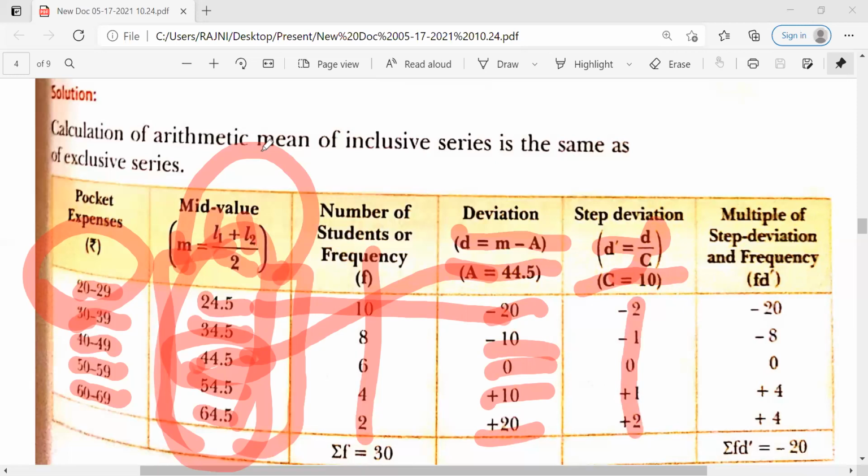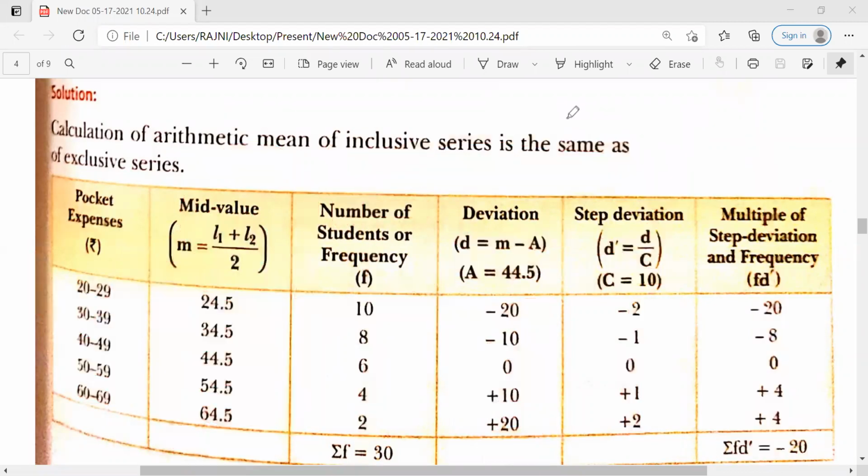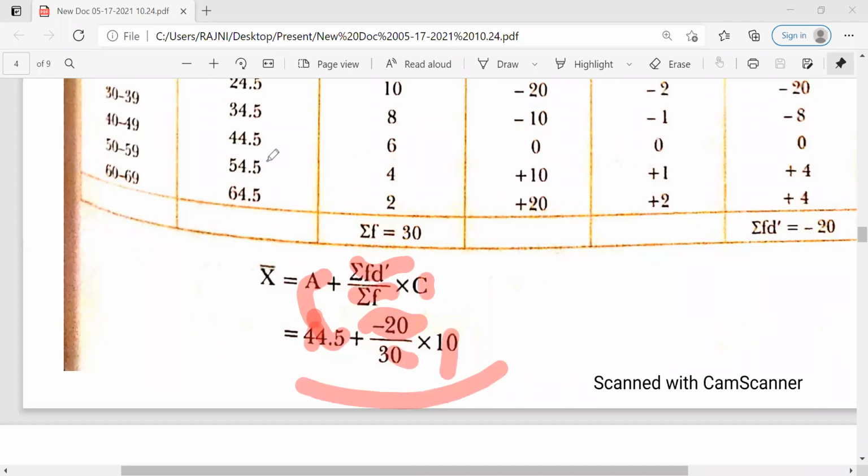Now d dash will be multiplied by frequency, and after that the sum of fd dash will be calculated and put into the formula. The assumed mean A is 44.5, sum of fd dash is minus 20, sum of f is 30, and C is 10. Simply you can calculate the mean.